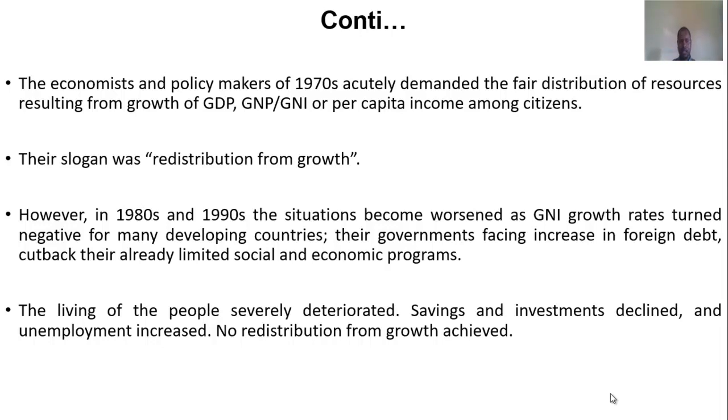They asked about fair distribution, and there were demonstrations throughout different African countries, throughout countries of Southeast Asia, throughout the countries of South America, and the slogan of the demonstrations was redistribution from growth, redistribution from GNP growth, redistribution from GDP growth. Redistribution was at the center of the quest of the public.